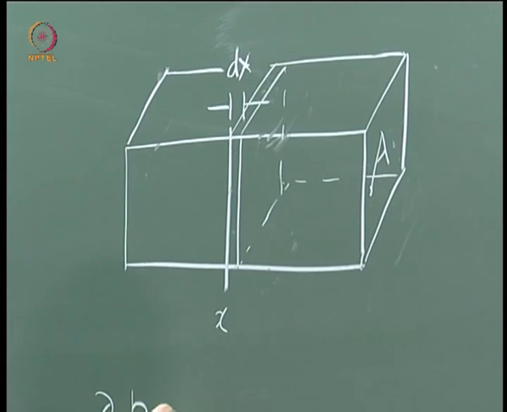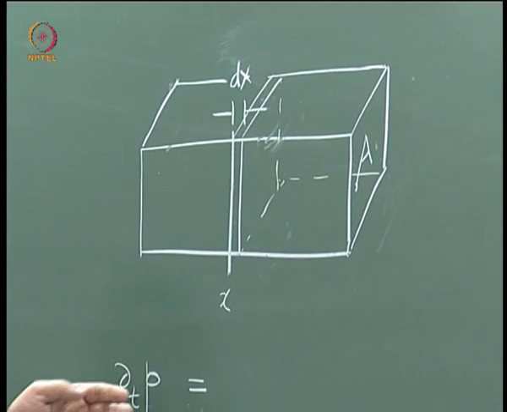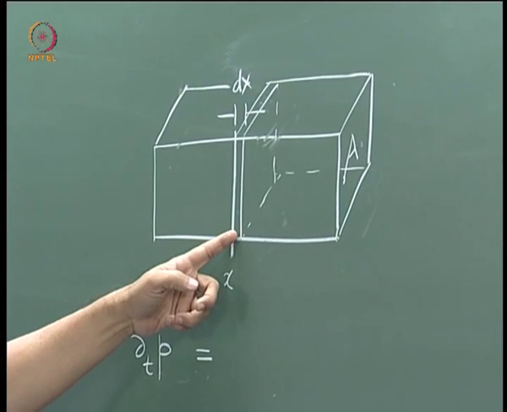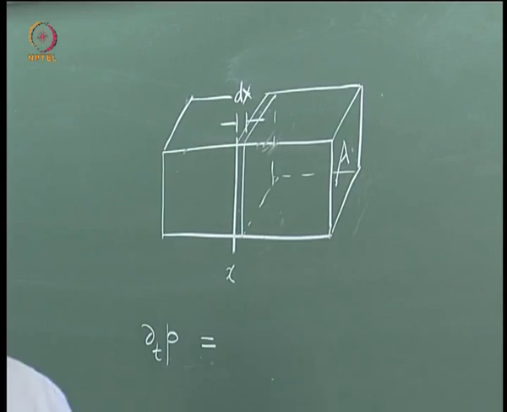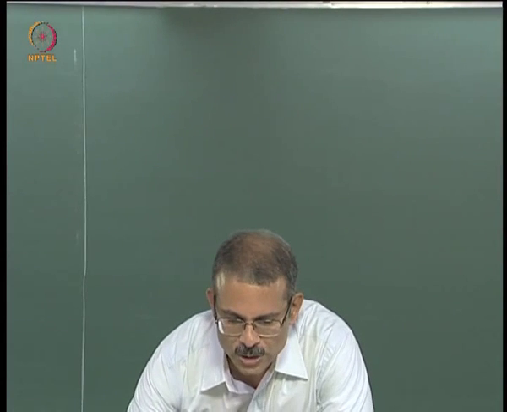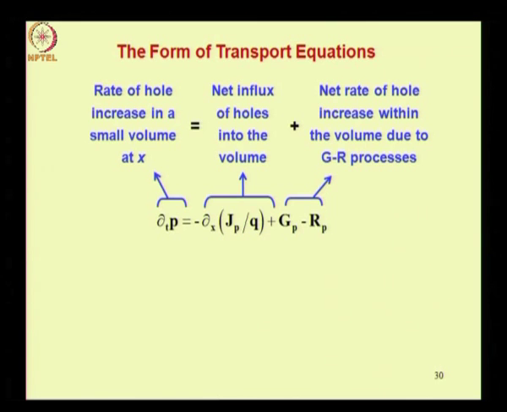Now why would the hole concentration increase in this region? So as this next term shows, the right hand side tells you the contributions to the rate of hole increase. So one contribution is the net influx of holes into the volume.